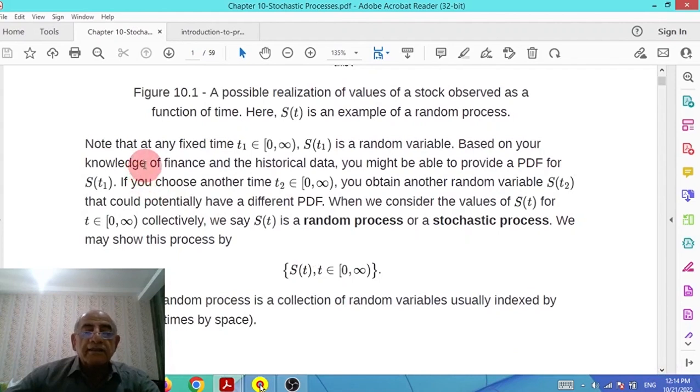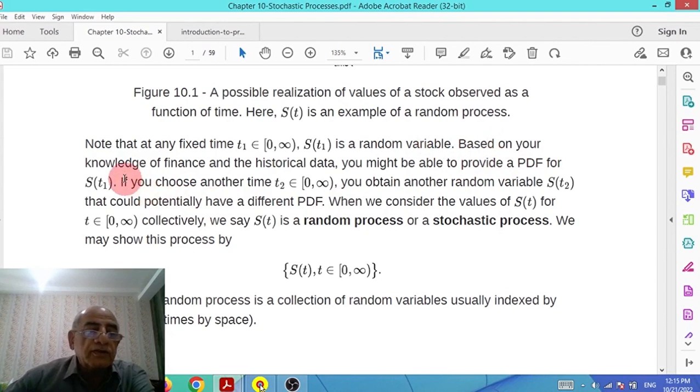Note that for any fixed time t1 in this interval, S(t1) is a random variable. Means for each fixed t, X(t) is a random variable. Come back and study random variables.